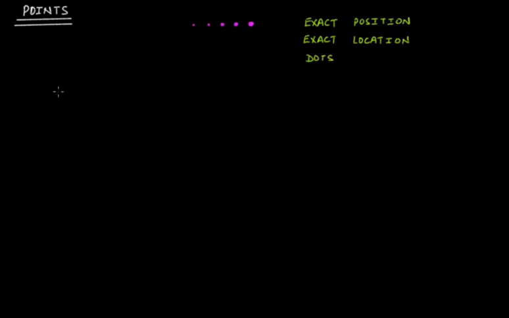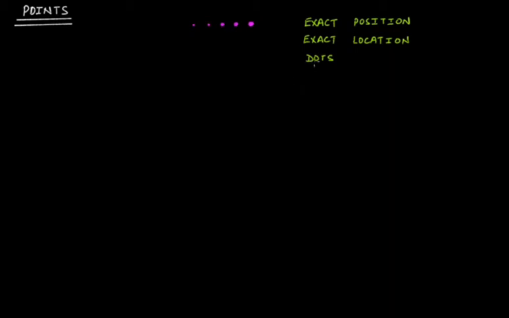So points can be explained as an exact position, an exact location, or dots on any surface, be it a round surface, a rectangular surface, or any plane surface, or in space.